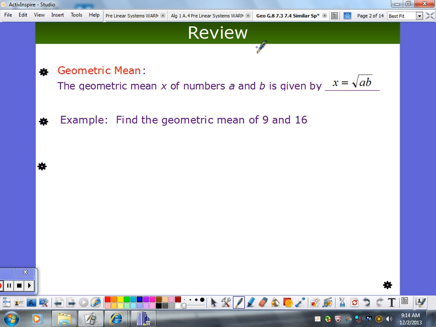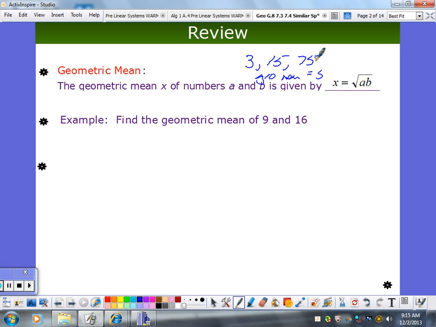So for a geometric series, 3 times 5 is 15, times 5 is 75. The geometric mean is what you multiply by to get the next number, or divide by to get the previous number. So here it is 5, because to make a geometric series I would multiply all the numbers by 5, or divide by 5 to go backwards.